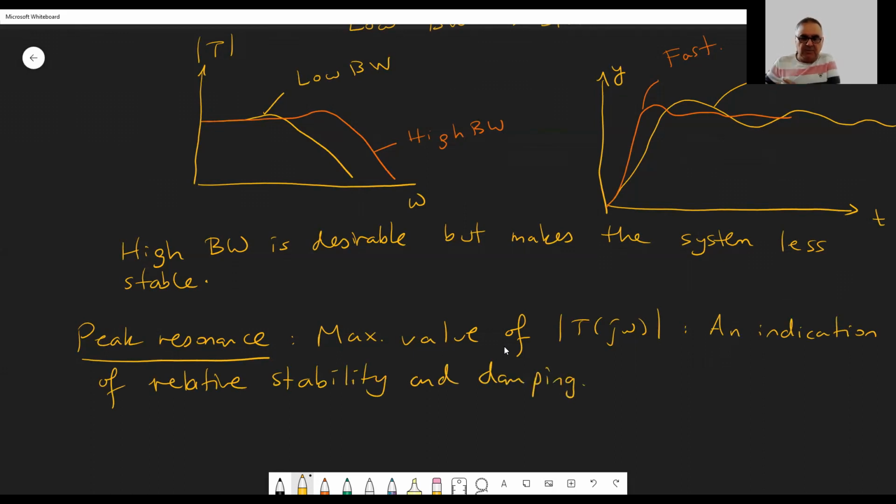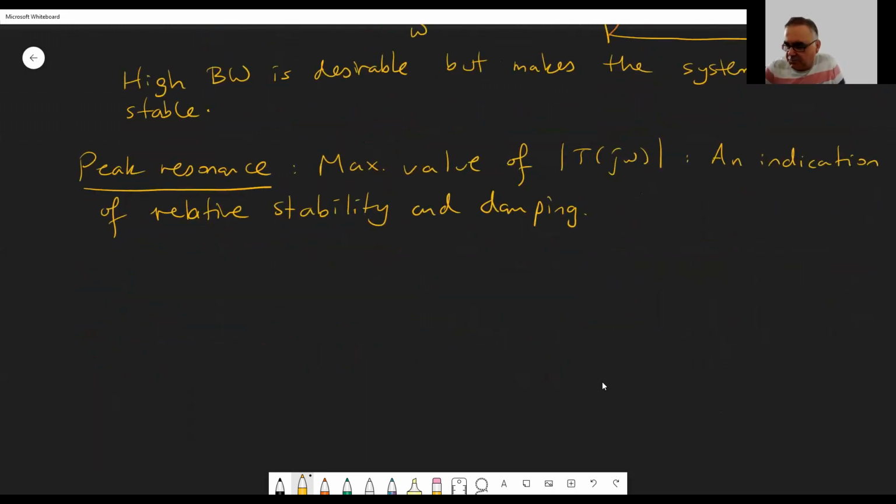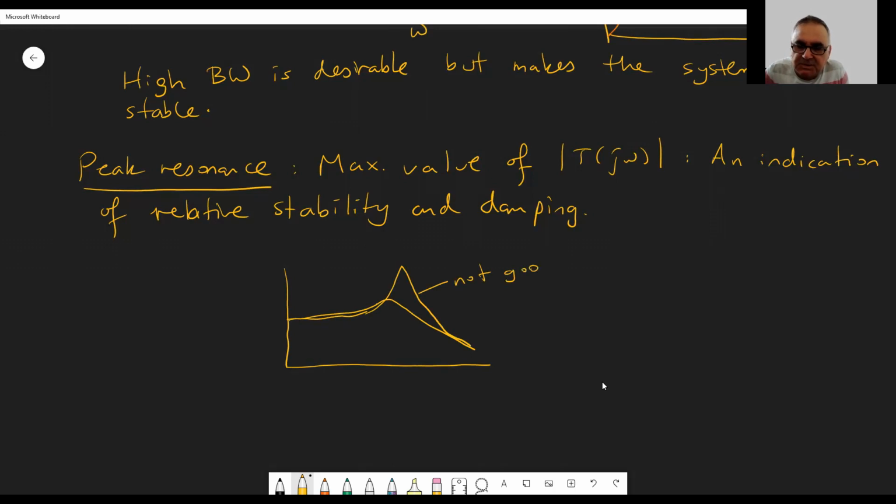So if the maximum value of T of j omega goes too much up, this is not good. This basically means that your system is making too much oscillations.